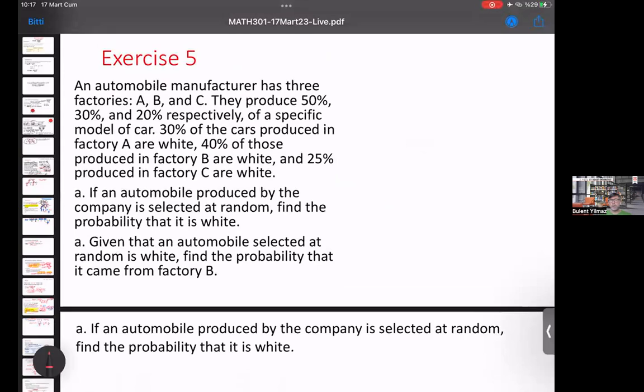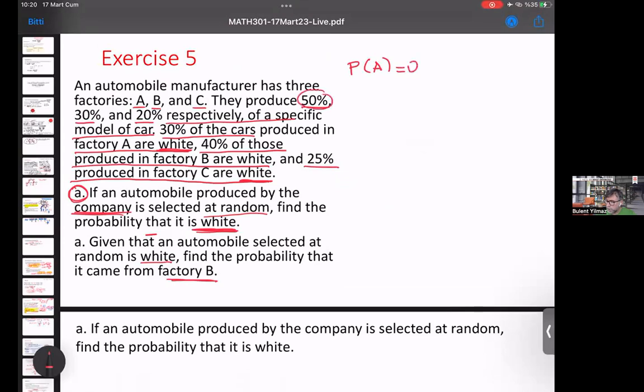You have 2 minutes to solve this question right now. What is the probability of a car coming from factory A? It is given 0.5 or 50%.